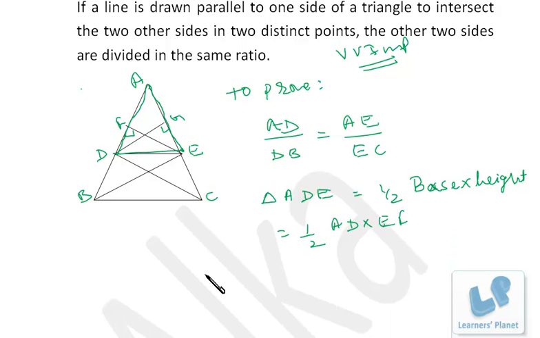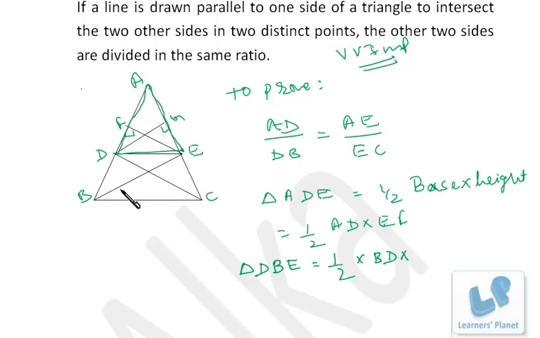Similarly, I find the area of triangle DBE. So in case of DBE, half, base is BD, and altitude is EF, right?